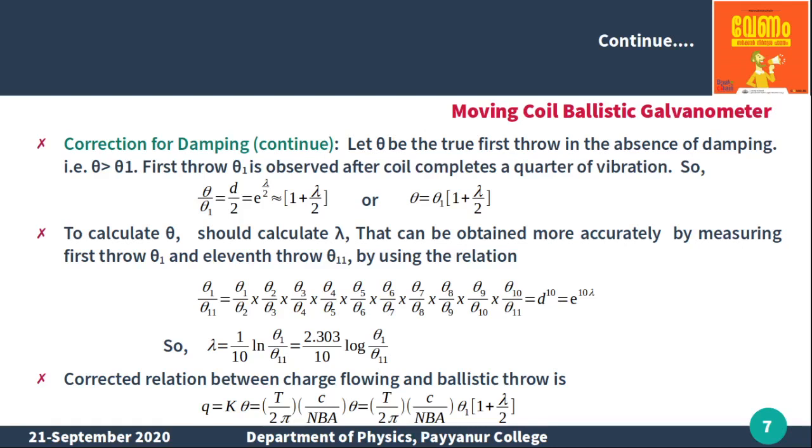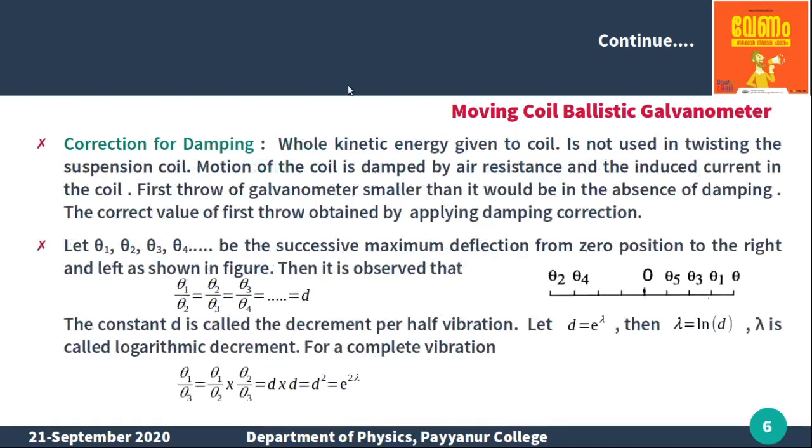That means instead of theta, you are going to theta 1. So what we can say is, after completing a quarter vibration, because you are starting with 0, you go to this side, you come to 0, you go to this side, you come to 0. That is a full vibration. If you start from 0, you go to theta 1, go to 0, go to theta 2, come here.